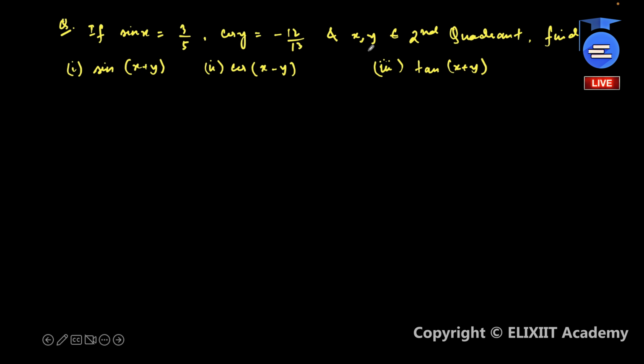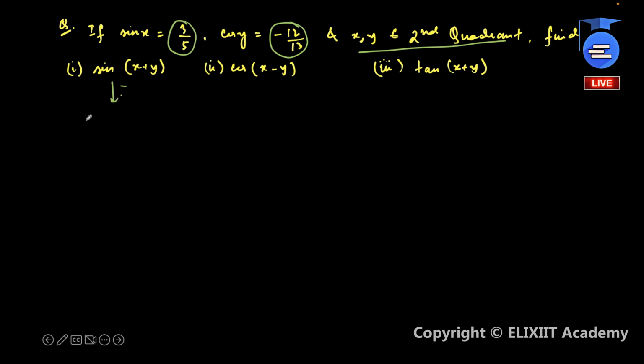X and y belong to the second quadrant. Now here sin x is positive, but cos y is negative. So to find sin of x plus y, what do we do?